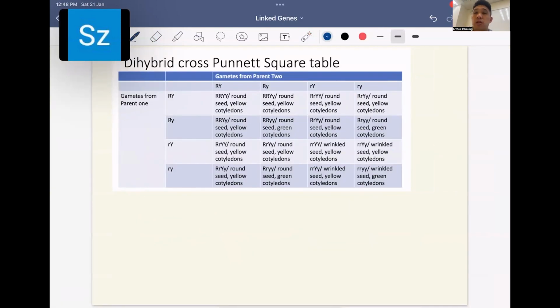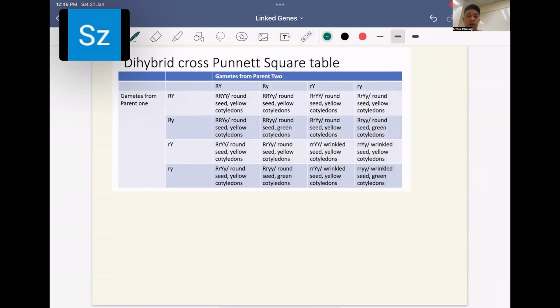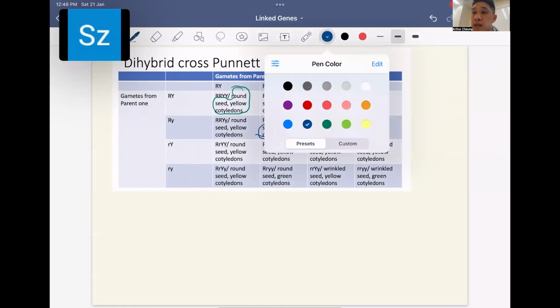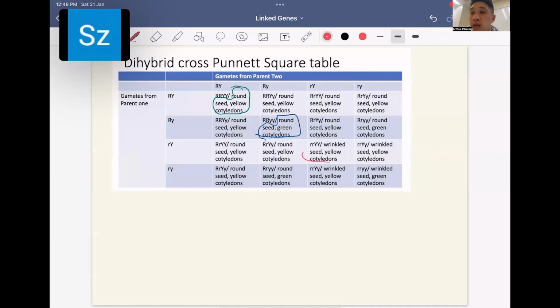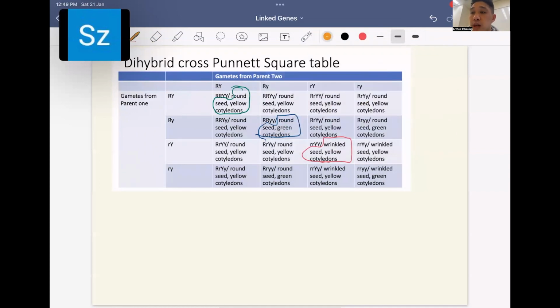First of all, we need to see how many different phenotypes there are. I can see that round seed yellow cotyledons is the first one, the second one is round seed green cotyledons, then wrinkled seed yellow cotyledons, and finally wrinkled seed green cotyledons.